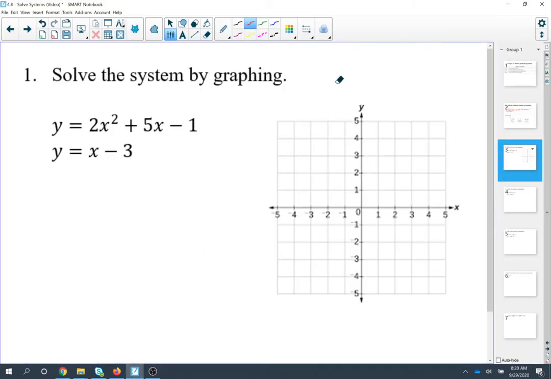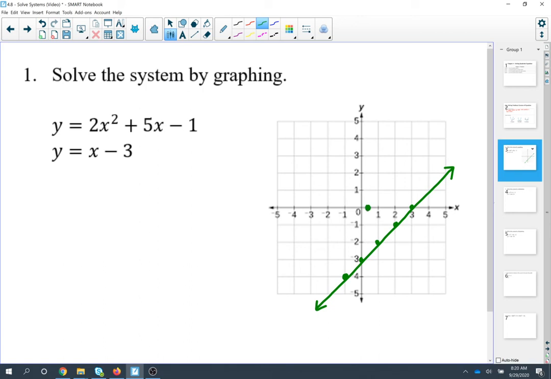I'm going to try to roughly sketch that. I knew that they had a point at (-1, -4). My line y equals x minus 3 has a slope of 1. So up 1 over 1, up 1 over 1, up 1 over 1, and then we can roughly sketch that line. My quadratic function kind of intersected over here at negative not quite 1-ish.